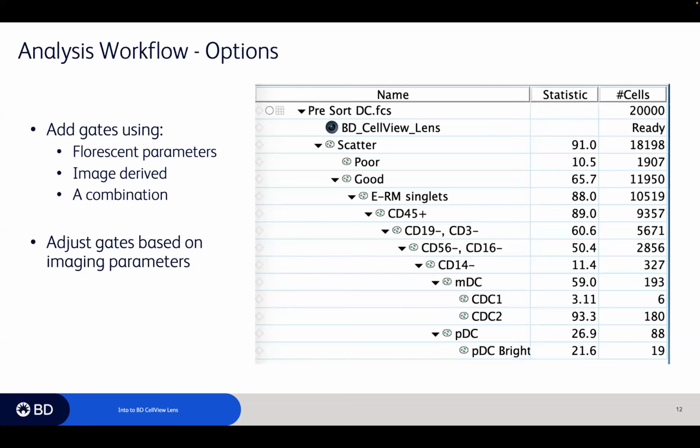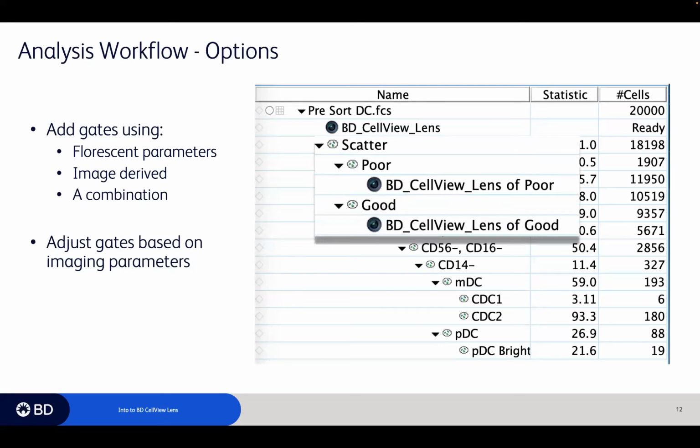Where the CellView Lens, I think, adds to your workflow really is that then you can adjust gates based on imaging parameters. So I could do something like create a CellView Lens plugin on any of a couple of populations. I gated what I called poor and good cells by side scatter there, and then use the CellView Lens plugin to make those designations true. Incidentally, you can start the plugin on any one node.